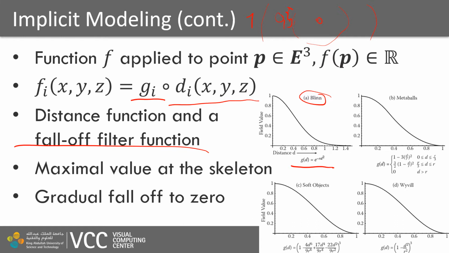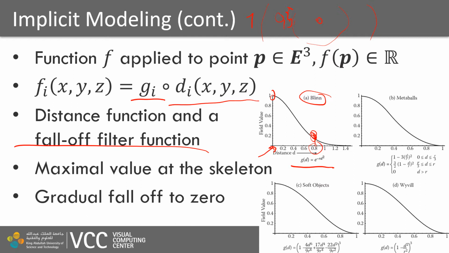So let's say distance 0.8, we will have some value which is reasonably close to 0. At the distance 0, we will have the value 1. So directly at our skeletal elements of our implicit representation, we will have the value 1, and then we will be decreasing this value based on how far we are from this skeletal element.